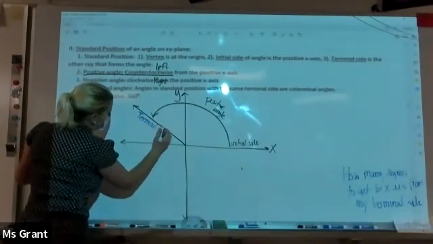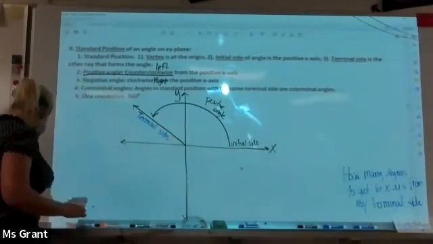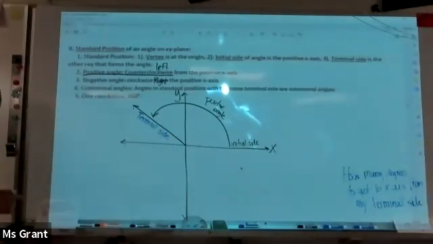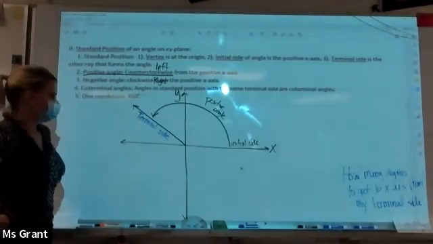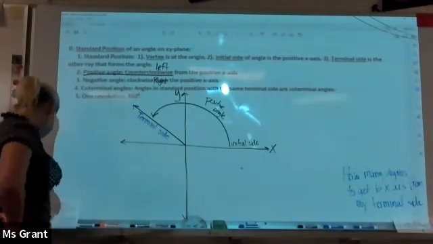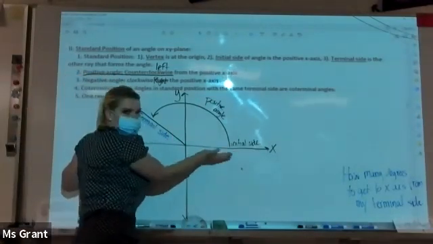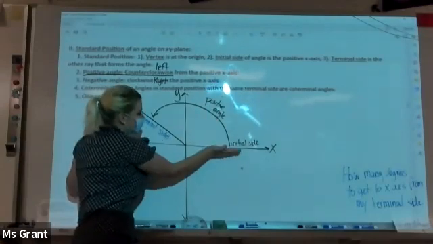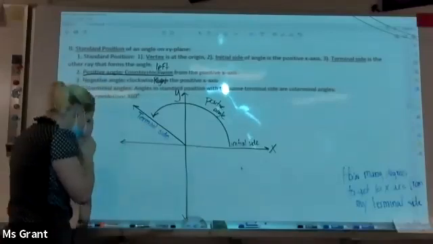You know, terminate, end. So I start on my x-axis in quadrant 1, I go up, it ends. That's called my terminal side.